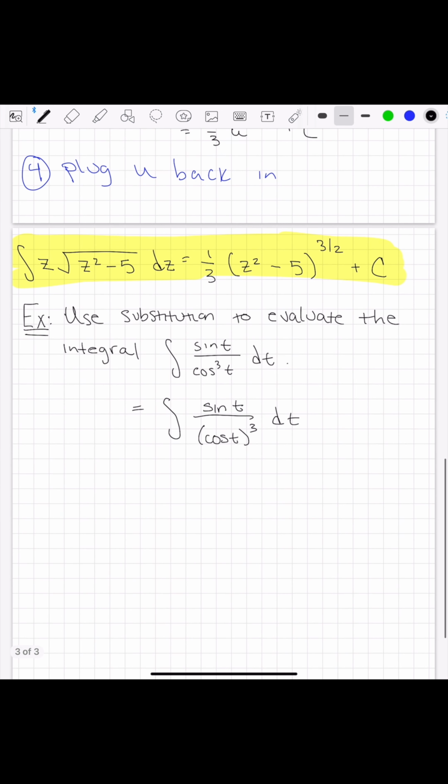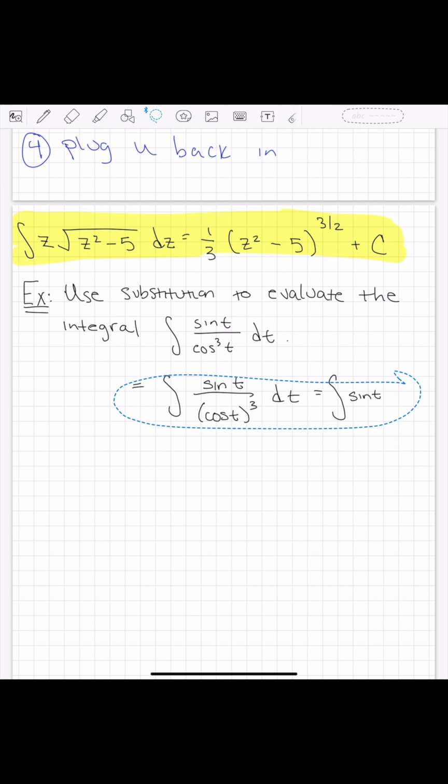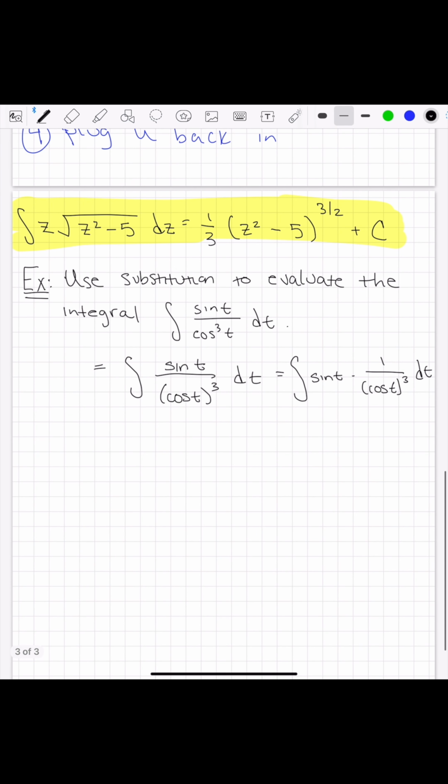You can also write this as sine of t times 1 over cosine t cubed dt. And then remember, if we have exponents in the denominator, we could always bring those up by making it a negative exponent, if that helps you see it better, right?